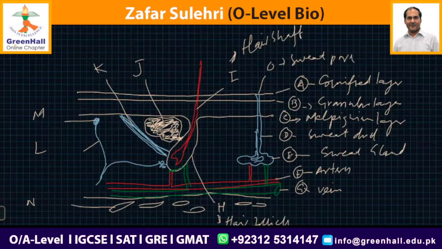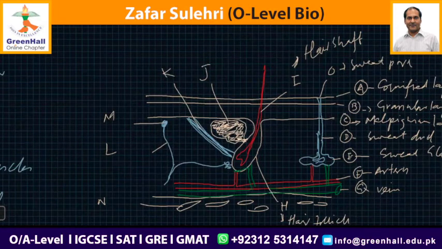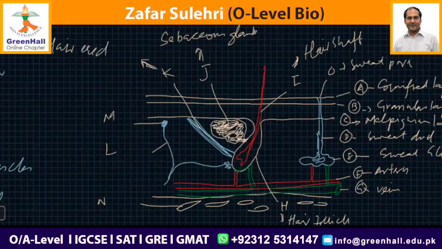And what is I? Hair shaft. What is J? Sebaceous gland. And what is K? Hair erector muscles. Yes, hair erector muscle.